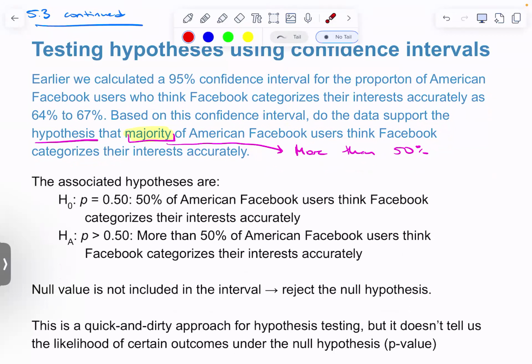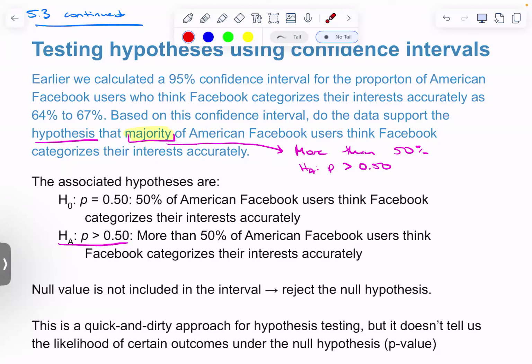So 50% of American Facebook users think Facebook categorizes their interests accurately, versus the alternative hypothesis that p is greater than 0.5, more than 0.5. That's where that came from: more than 50% of American Facebook users think Facebook categorizes their interests accurately.